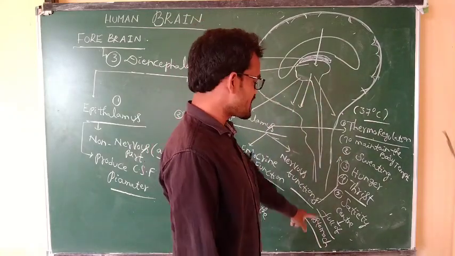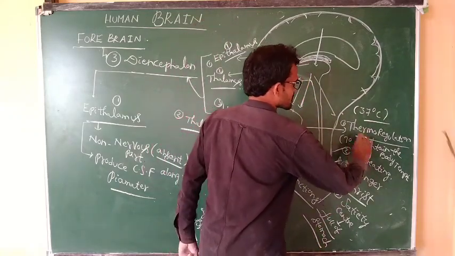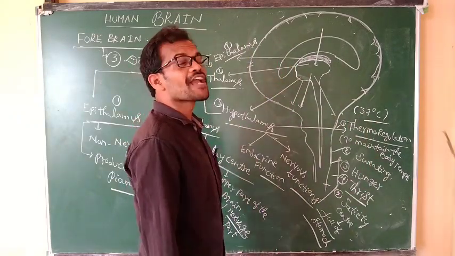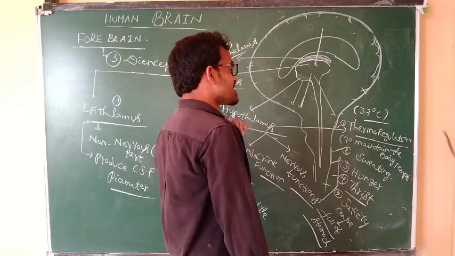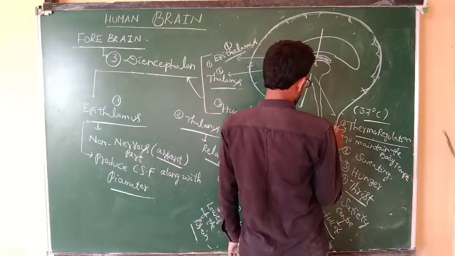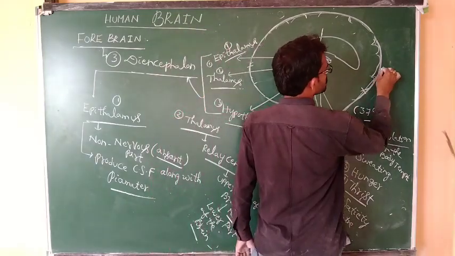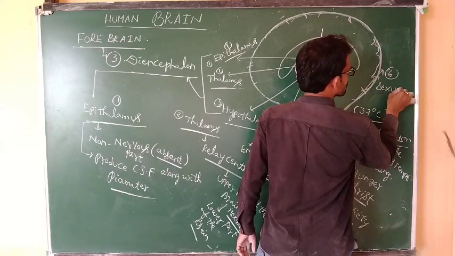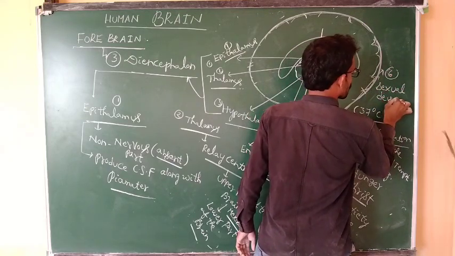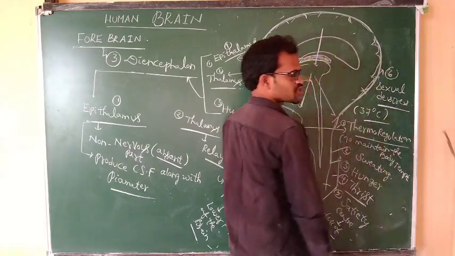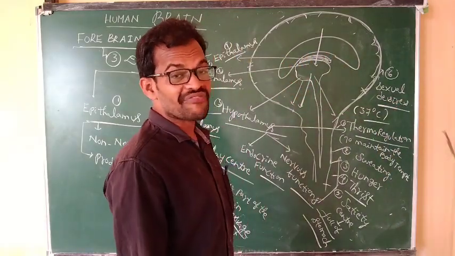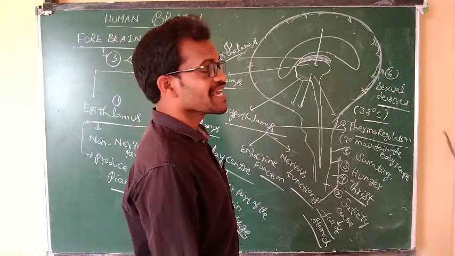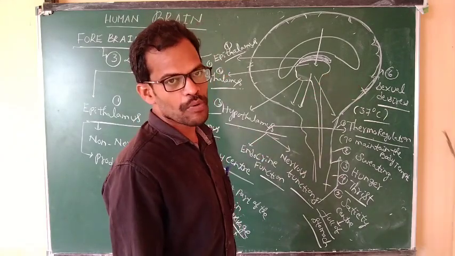Satiety center, thirst center, hunger center, sweating center, thermoregulatory center: all these functions involve the hypothalamus, and also the sexual desire centers. What is the sixth important function? Sexual desires, sexual activities and sexual functions are also controlled by the hypothalamus.